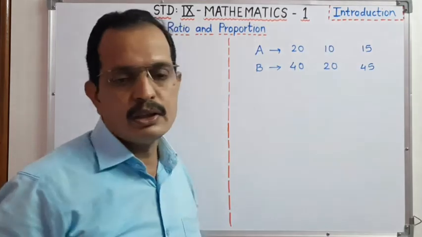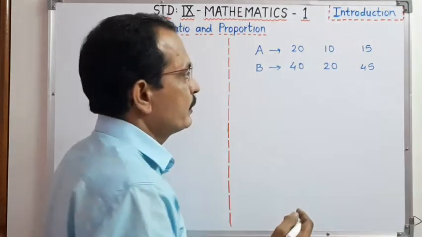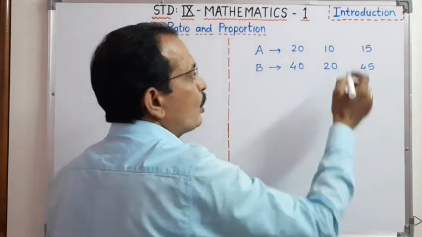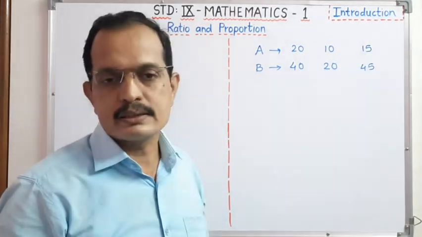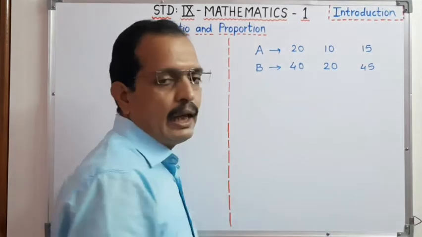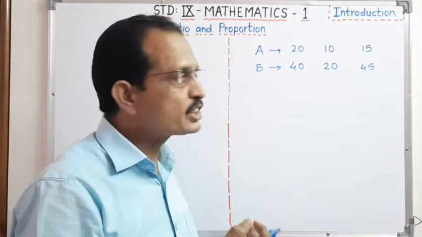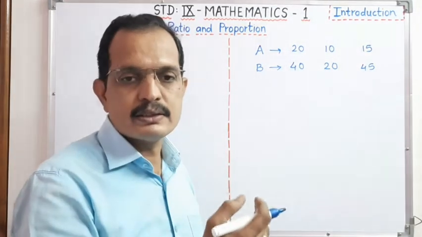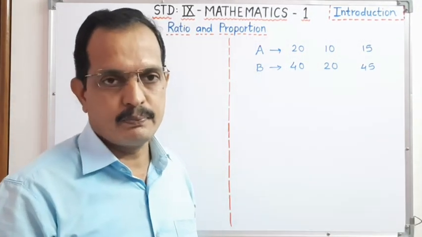Now here, dear students, we can compare. See here, in comparison, A got 30 marks less than B and B got 30 marks more than A. This is one type of comparison.